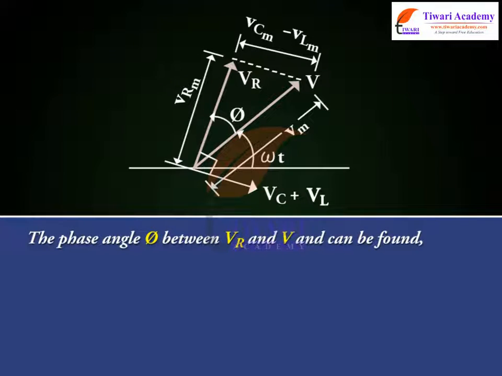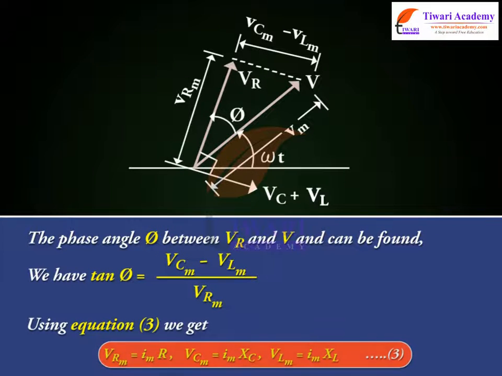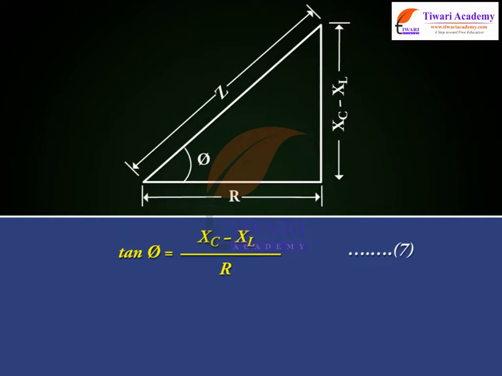The phase angle phi between VR and V can be found. We have tan phi is equal to VCM minus VLM by VRM. Using equation 3, we get tan phi is equal to XC minus XL by R, equation 7.